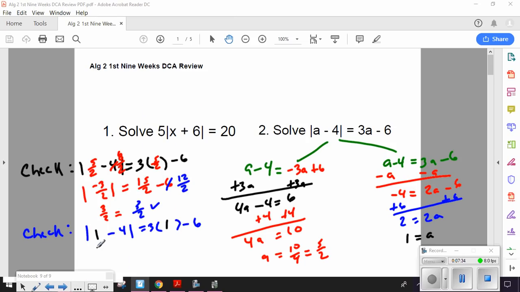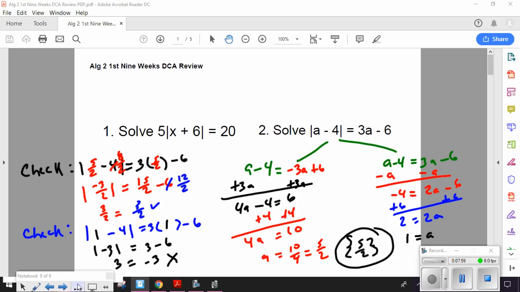So 1 minus 4 is negative 3. 3 times 1 is 3. Absolute value of negative 3 is positive 3. And 3 minus 6 is negative 3. So it doesn't check out. So the only solution to this equation is 5 over 2. So you must check your solutions. Some of them don't work.